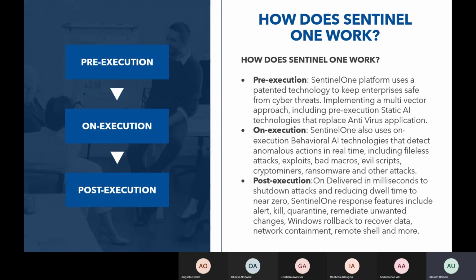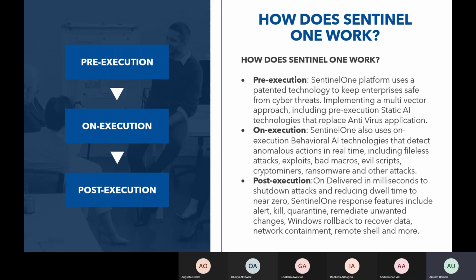Now, what Sentinel One would do during post-execution is to remediate and roll back. It is going to roll back using the Windows Volume Shadow Copy Service, just like you took a snapshot of your VM before an attack takes place.